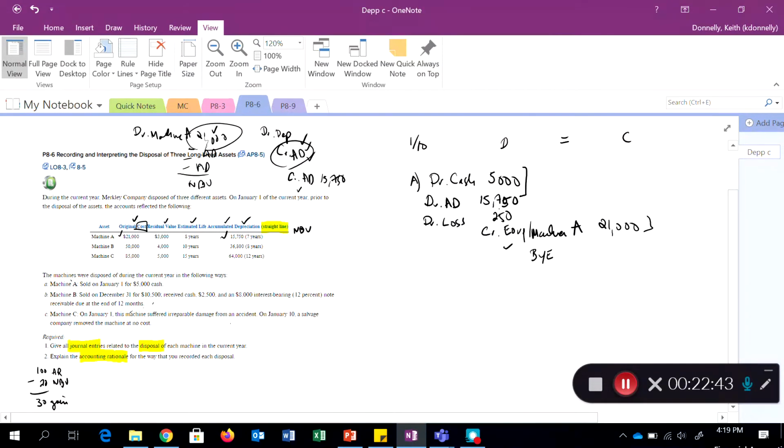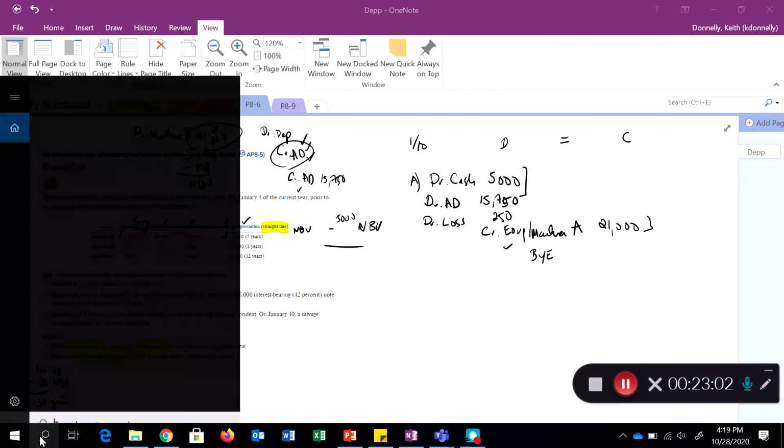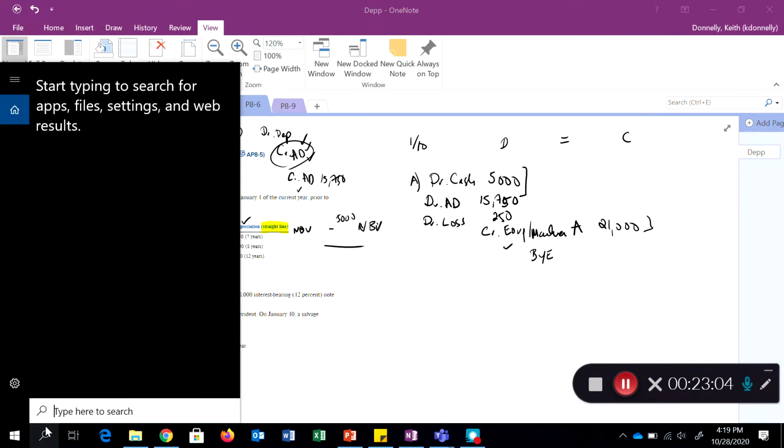So that's how you would do it with plugging in the journal entries. Another way you could think about this is just say, hey, what did we sell it for, right? We sold it for $5,000. What was our net book value? Which in this case would be 21 minus 15,750. So let me get the calculator out.